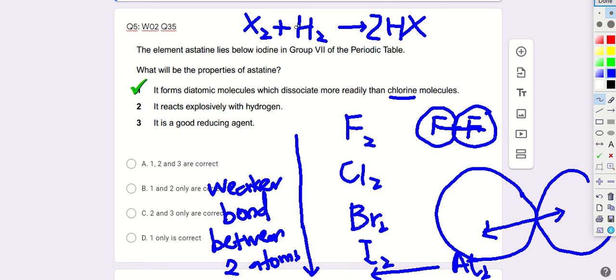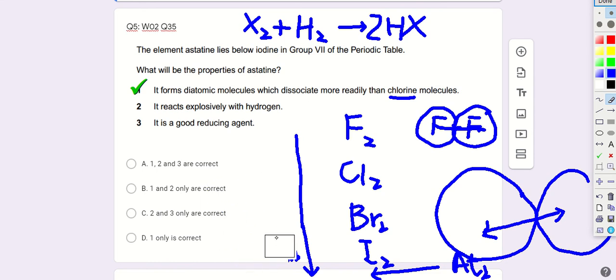So that means this is actually a redox reaction. Halogen will be reduced to halide. So going down group 17, it is getting harder for the halogen to form halide ion.